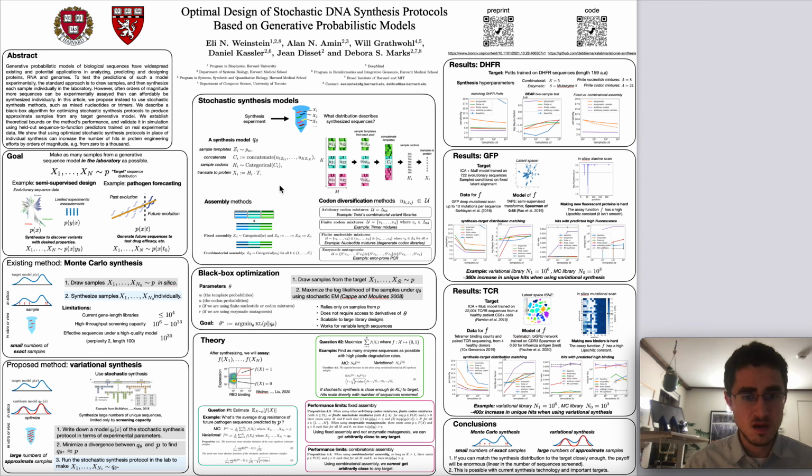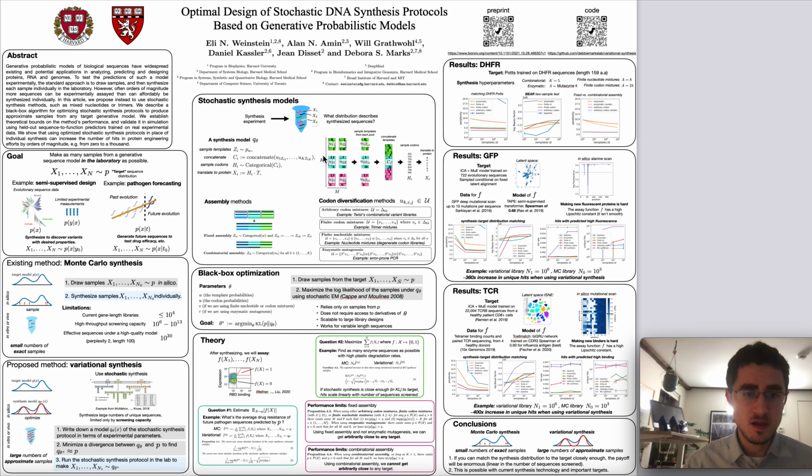In the preprint, we work through this recipe. We start by developing synthesis models for a number of popular stochastic synthesis technologies, including error-prone PCR or mixed nucleotides or trimer mixtures. We also consider techniques like combinatorial assembly.